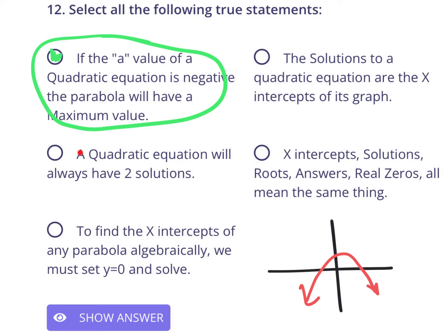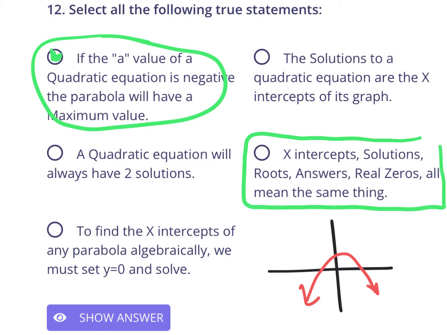Moving on. A quadratic equation will always have two solutions. Well, actually let's jump to this one since this is true. An x-intercept or x-intercepts, they are solutions, they are roots, they are answers, they are real zeros, all mean the same thing. This is absolutely true. We had this in our notes during class where we made a list of all these words: x-intercepts, solutions, roots, answers, real zeros, they all mean the same thing.